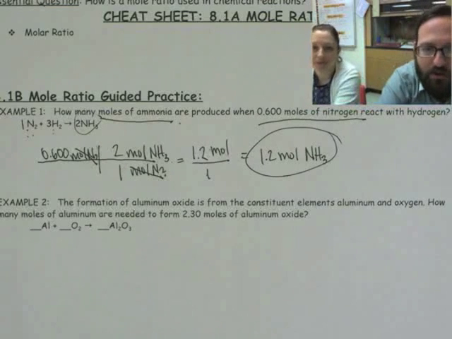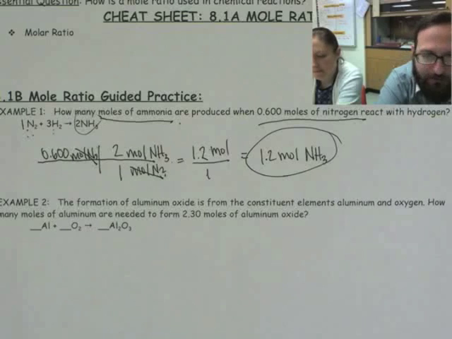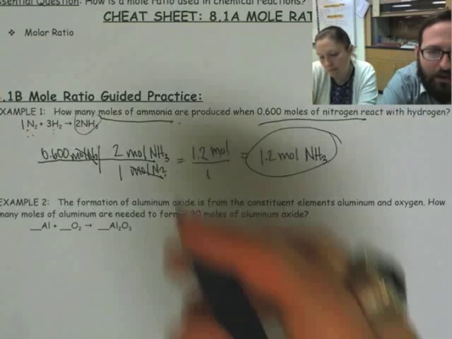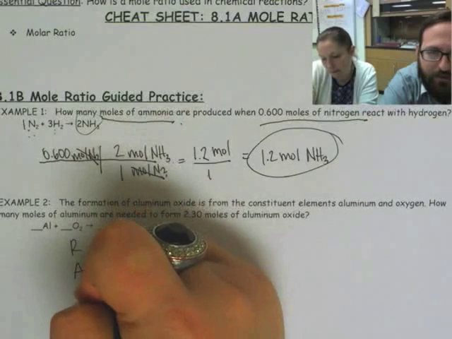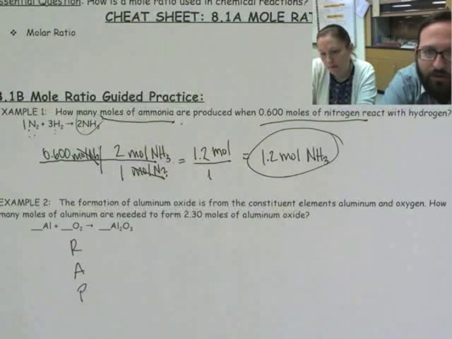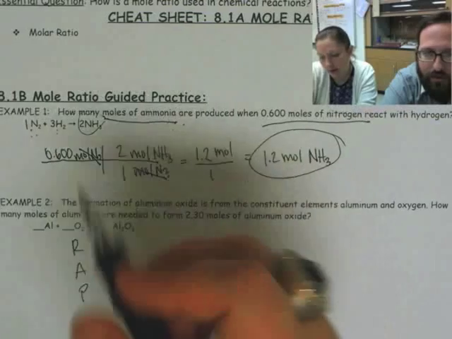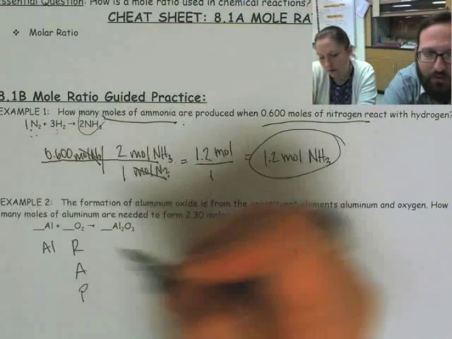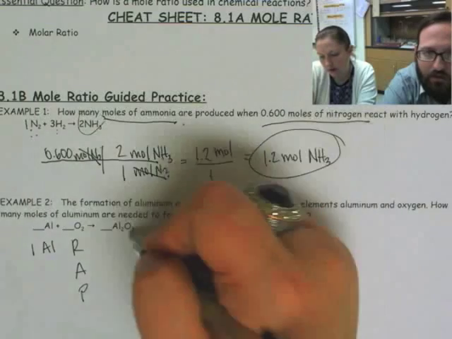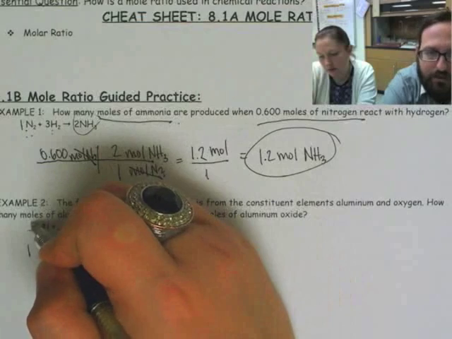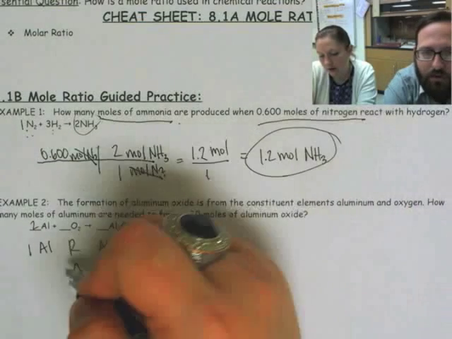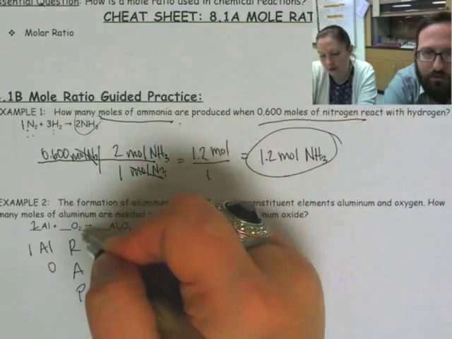Alright, so let's start by writing wrap underneath this, and we're going to find our total, or what atoms we have. What atoms do we have? Let's see. I have Al, aluminum. And I have 1 over here. And I have 2 over here. So should I put a 2? Yes. Okay. And then I have O. I have 2 over here. Right.